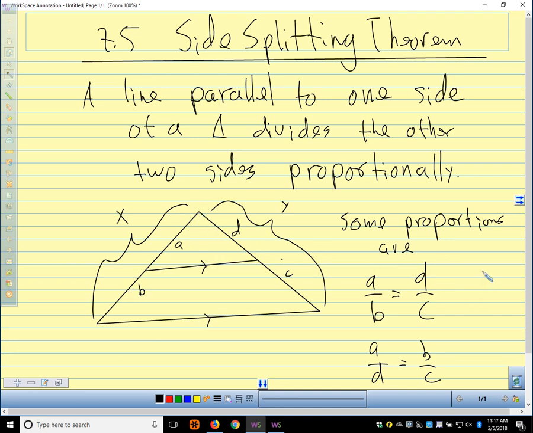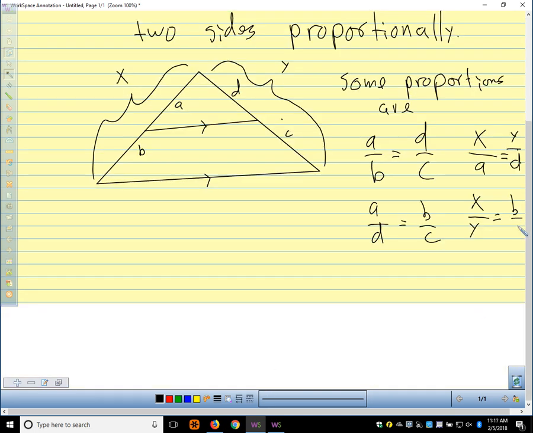I could say X over A. That has to be the same as Y over D. I could say X over Y, this whole side divided by this whole side, is B over C. So all of these are different proportions that we get from the side-splitting theorem.